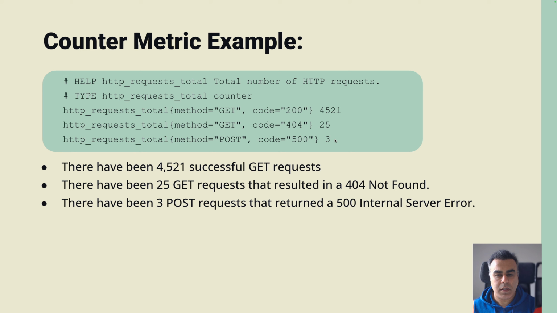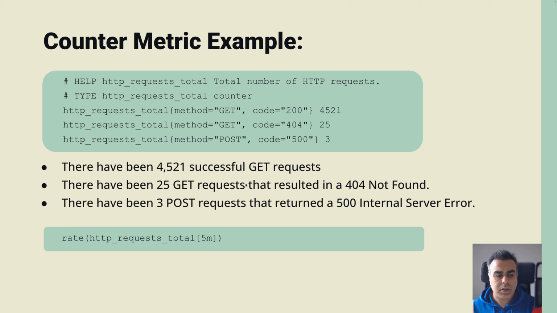As soon as Prometheus gets such metrics, it will extract them and store them in the database with a timestamp. And as we mentioned, Prometheus has some functions for calculating the rate of growth for a counter metric.